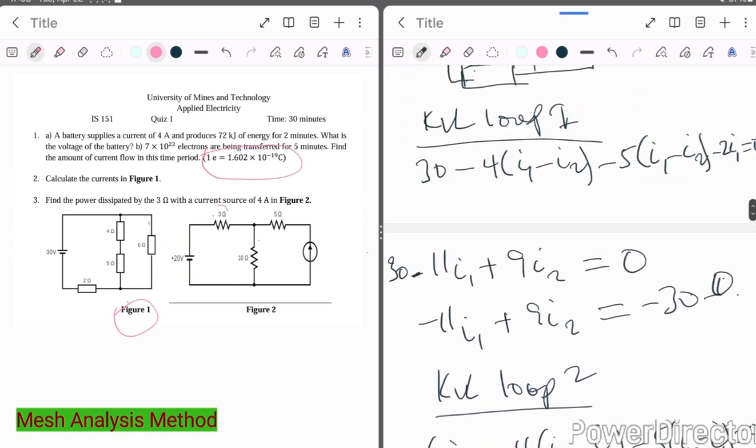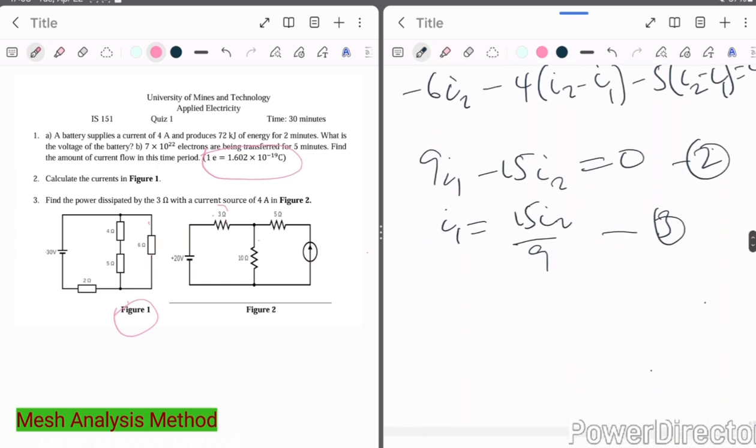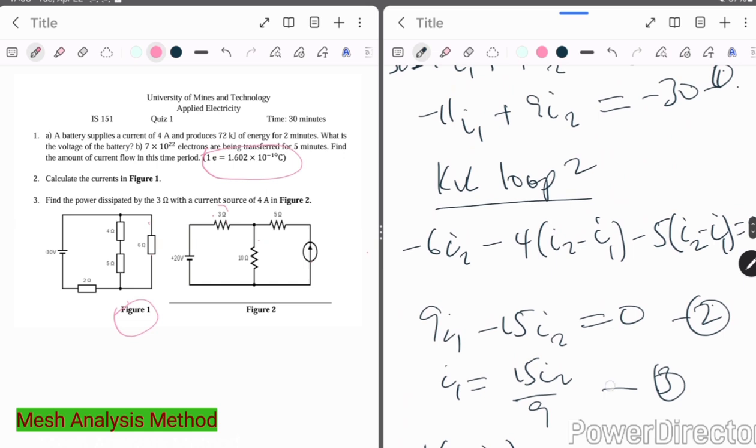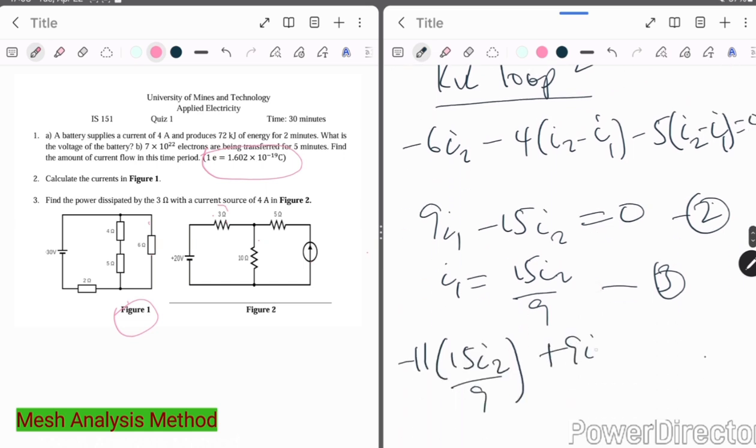So we should get minus 15 I2 over 9 plus 9 I2 equals minus 30.